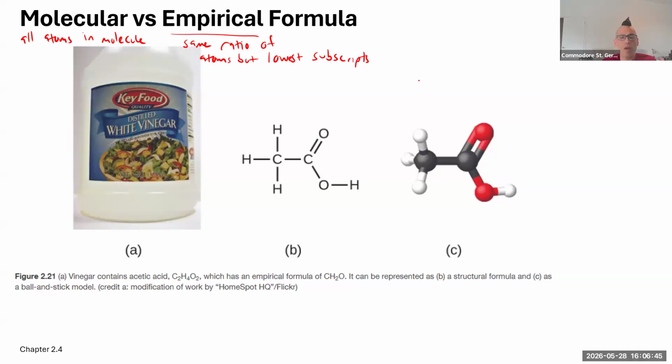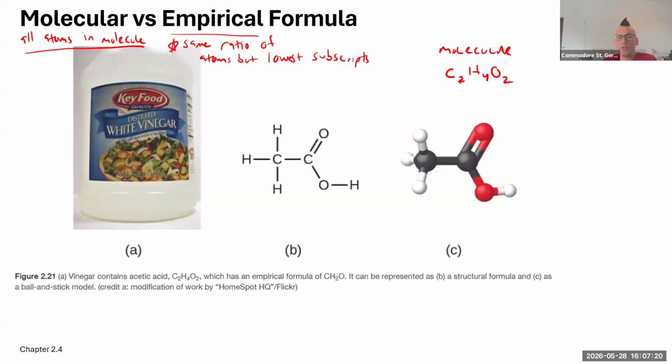Right? So vinegar, from molecular, it's going to have a formula of C2H4O2, where the empirical, right? Again, all atoms in the molecule, and this one is the same ratio of atoms, but the lowest subscripts.